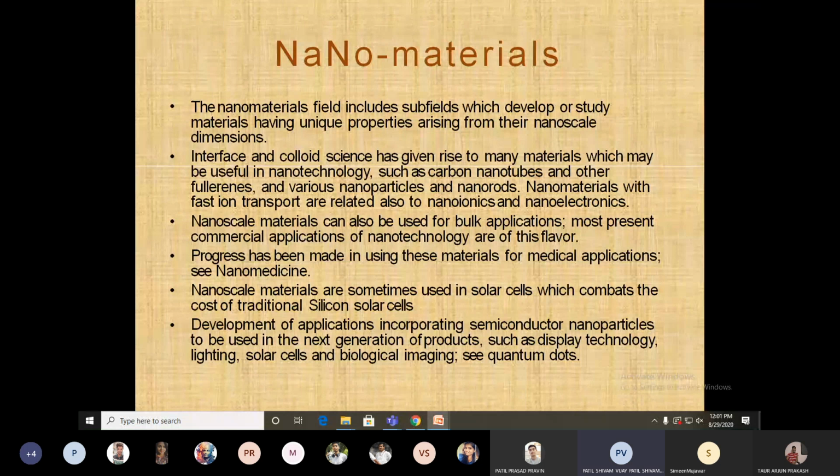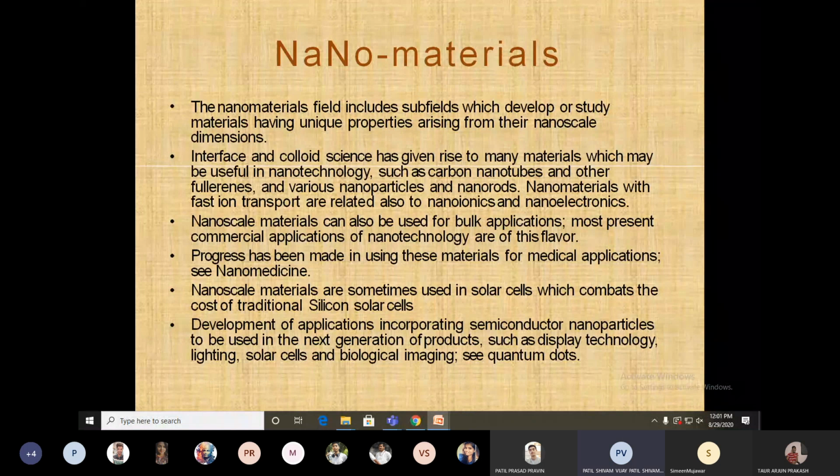Nanomaterials. The nanomaterials field includes subfields which develop or study materials having unique properties arising from their nanoscale dimensions. Interface and colloid science has given rise to many materials which may be useful in nanotechnology, such as carbon nanotubes and other fullerenes, and various nanoparticles and nanorods.